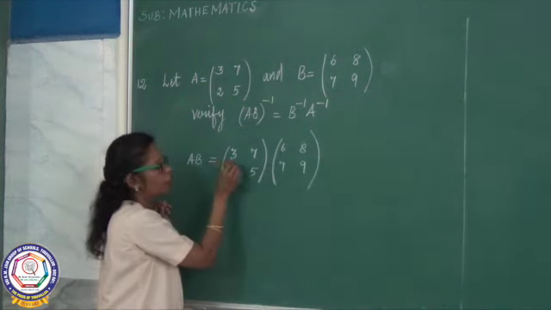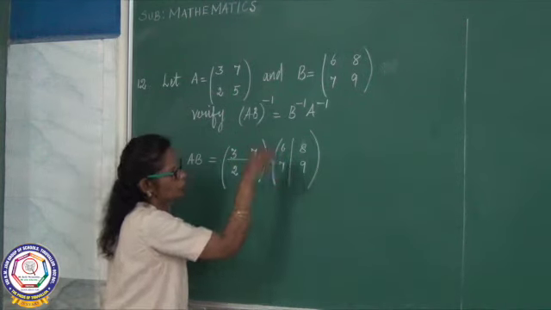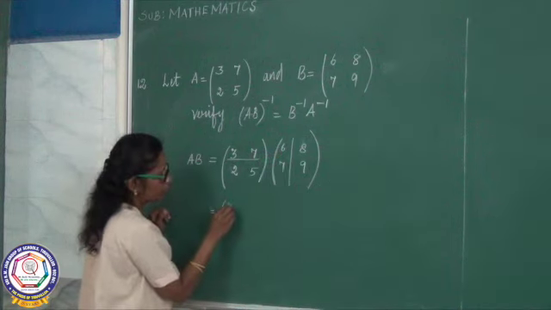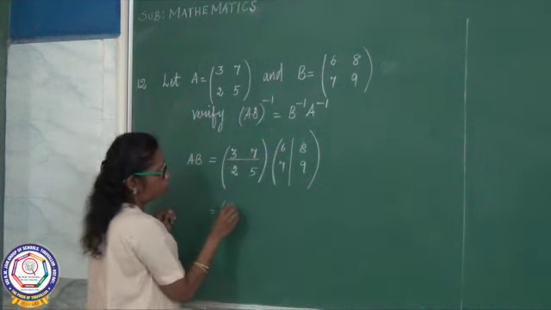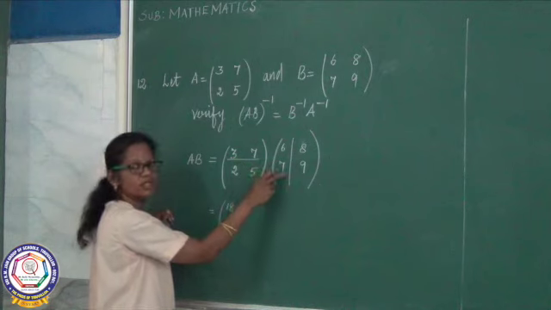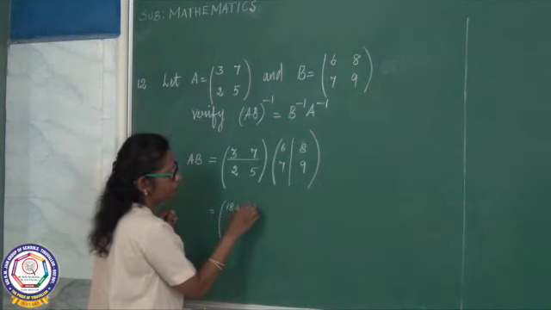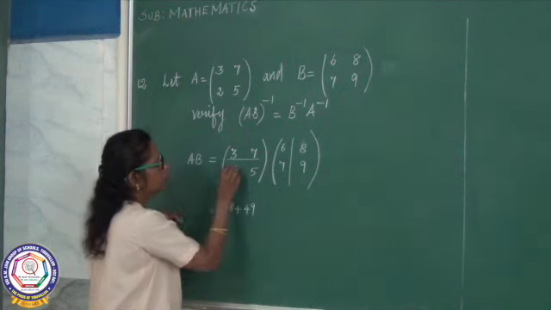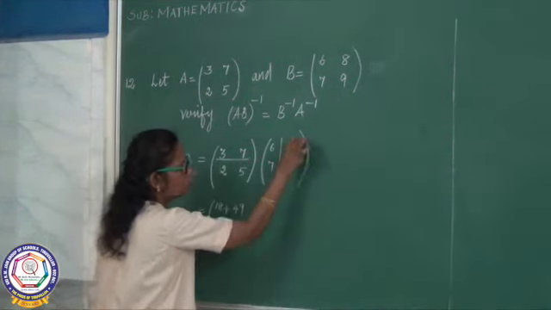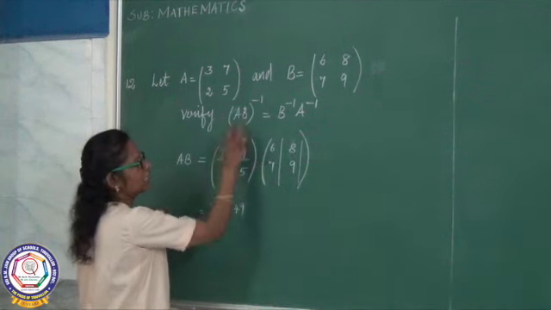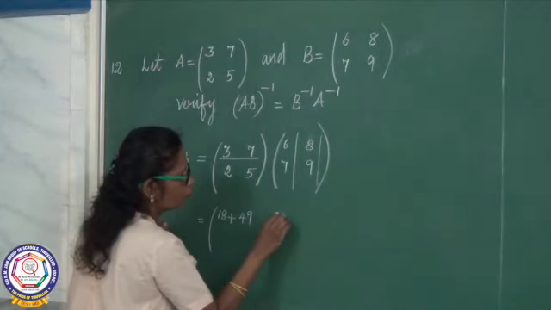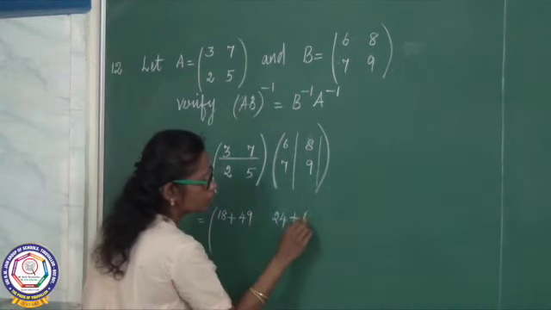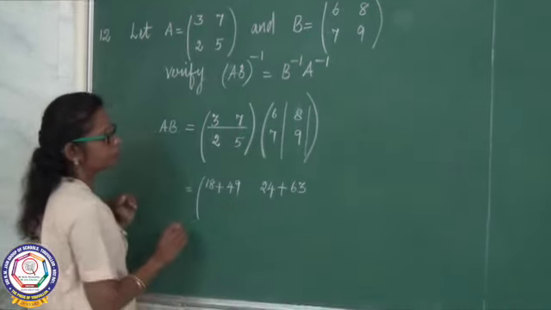Multiplication, you have to listen carefully. First row, first column: 3 6s are 18 plus 7 7s are 49. Next, first row, second column: 3 8s are 24 plus 7 9s are 63.